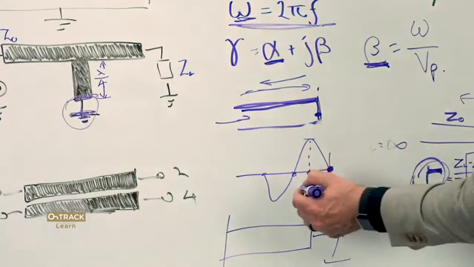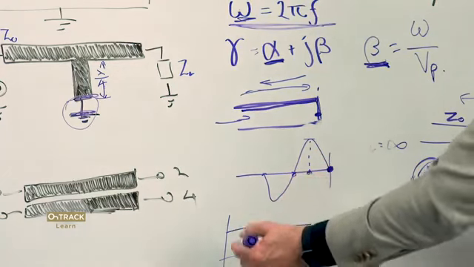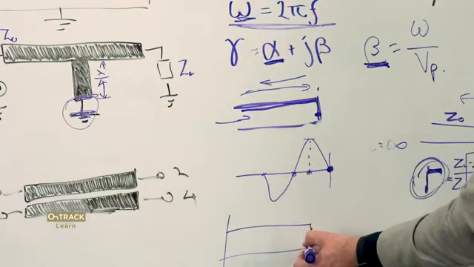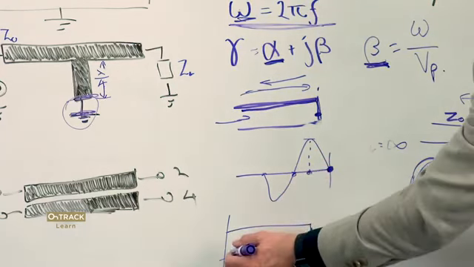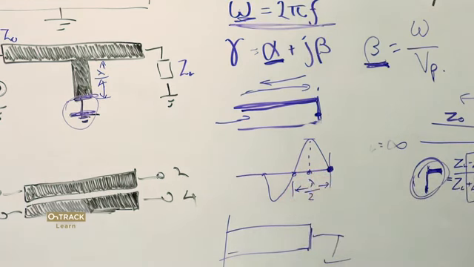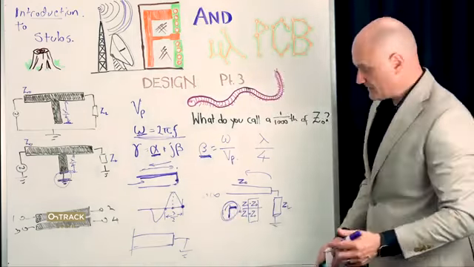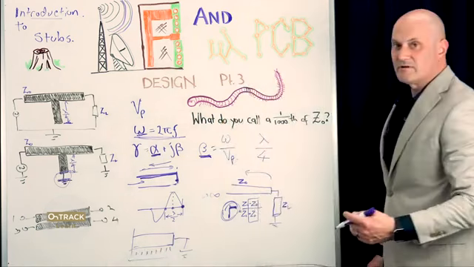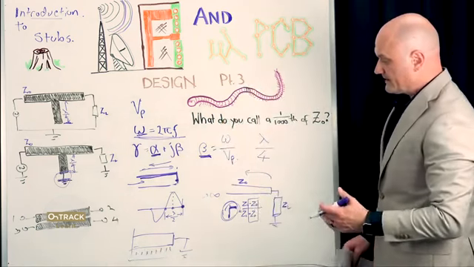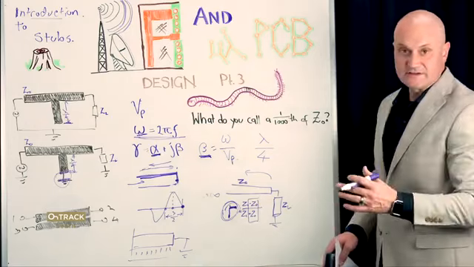And there's something else that's interesting about these stubs. A short-circuited stub for any wavelength less than half generally appears like an inductor. It's very inductive, but of course there's capacitance to your ground plane on that as well, so it's going to have resonances.